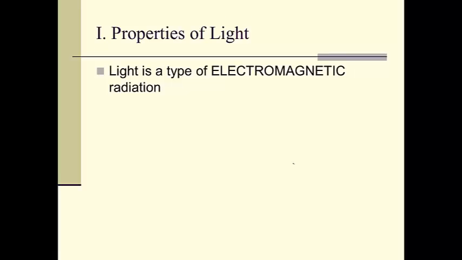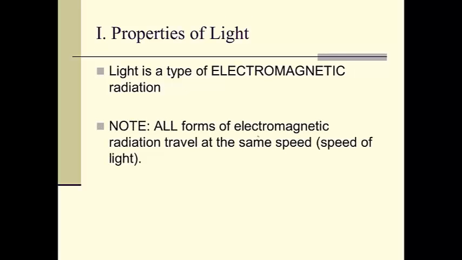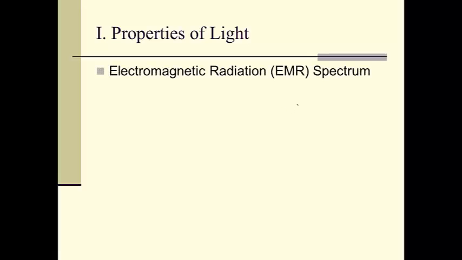Now, light is a type of energy that's known as electromagnetic radiation. All forms of electromagnetic radiation travel at the same speed, which is the speed of light. So anything that is like light, also classified as electromagnetic radiation, travels at the speed of light. Now, what are the different types of electromagnetic radiation?